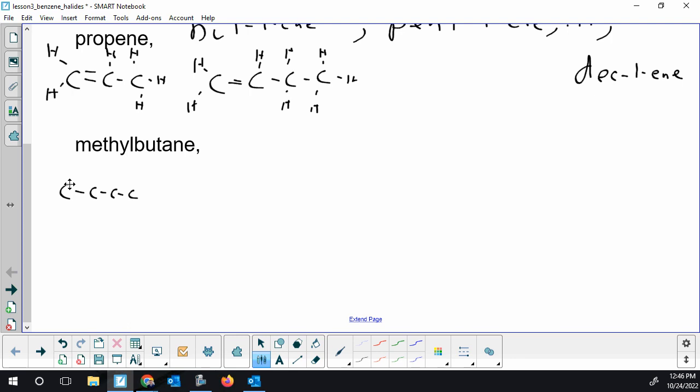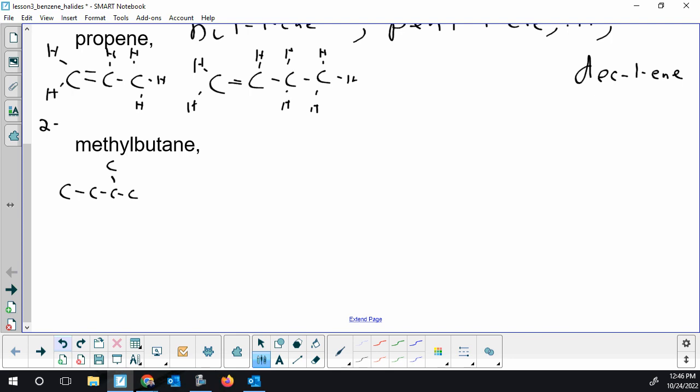So I have to add it to the middle, and the middle carbons, this one would be the 2 position from the left. But if I added it to the other carbon in the middle, that would be the 2 position from the right. And I can't add at an end. So the number that wasn't written here that your brain would have to realize is this is a 2-methyl with the 2 dropped.